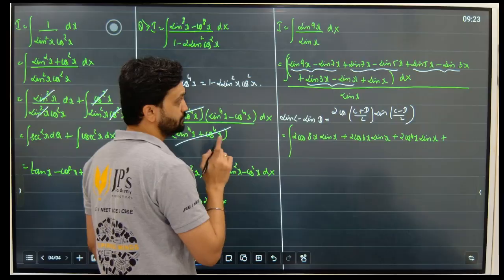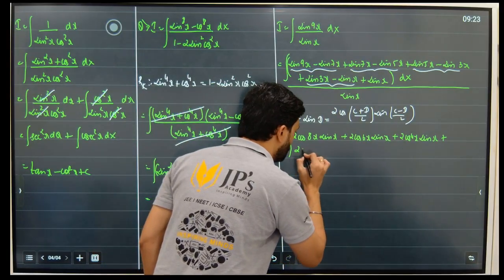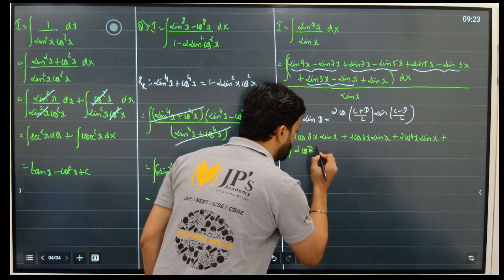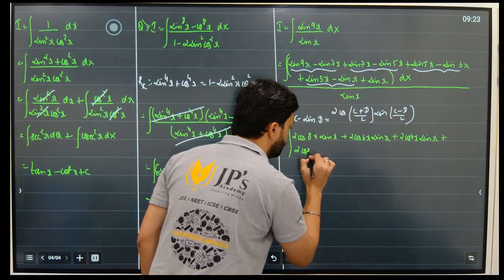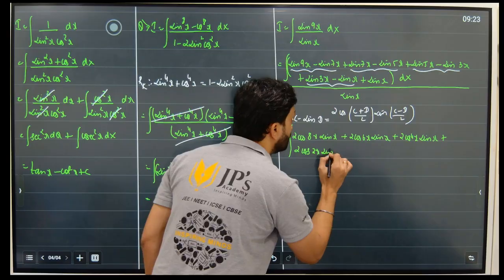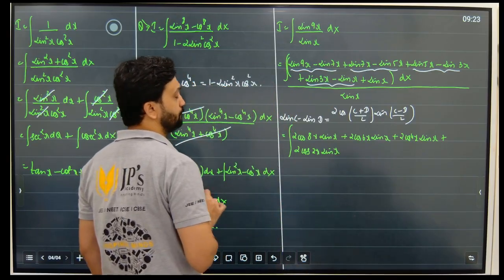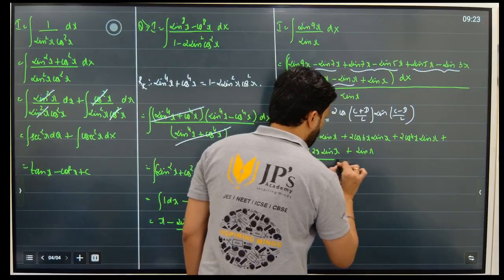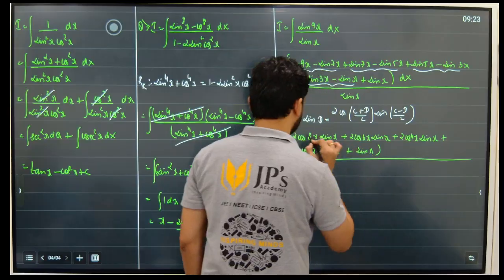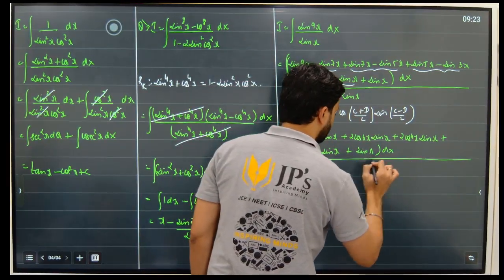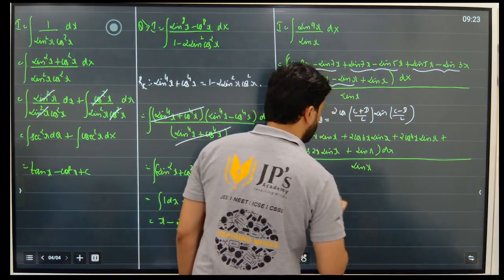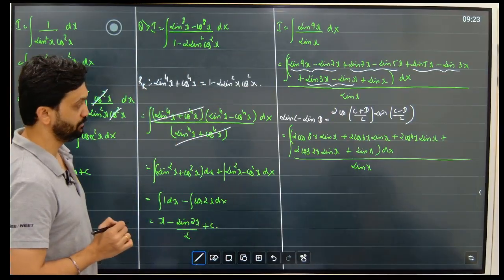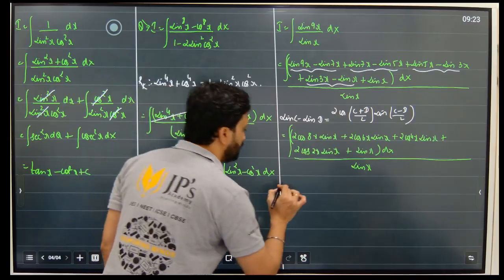3 plus 1 is 4, divided by 2 is 2. 2 cos 2x sin x plus sin x, the whole upon sin x. In the numerator, every term has sin x common. I'll take sin x outside and it will get divided by sin x.